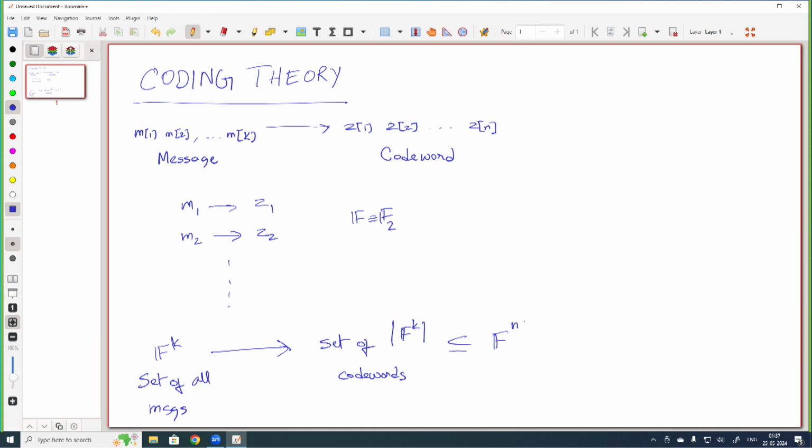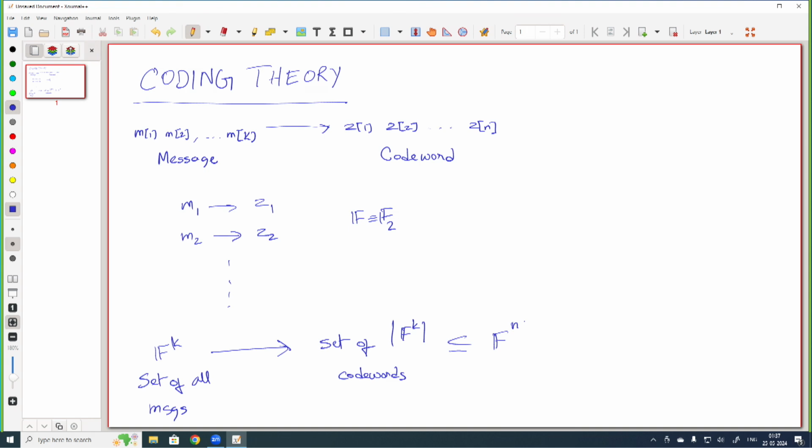So, here what would I like? I would like to be able to recover any message that was sent to me. Suppose that I take a message, convert it to a code word and send it, and you receive something.